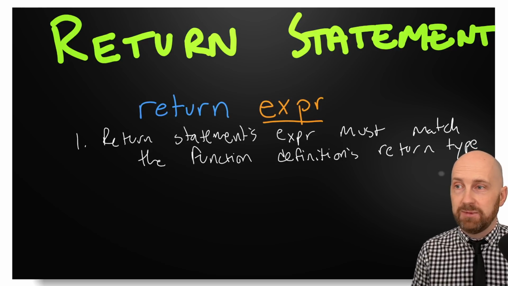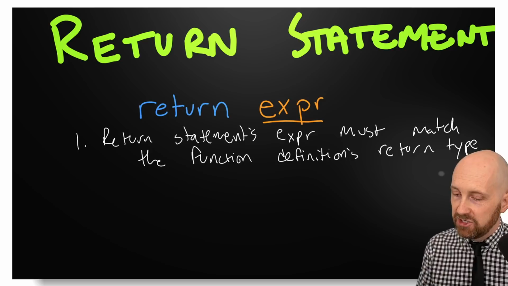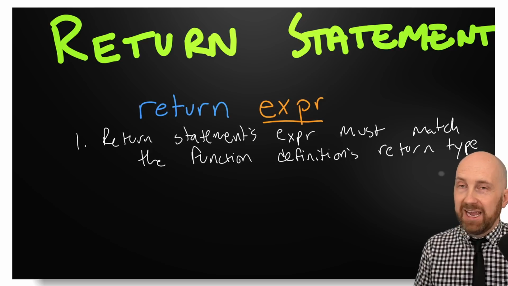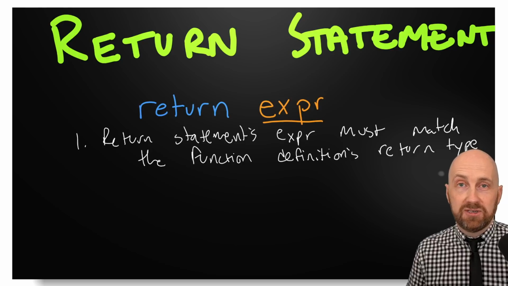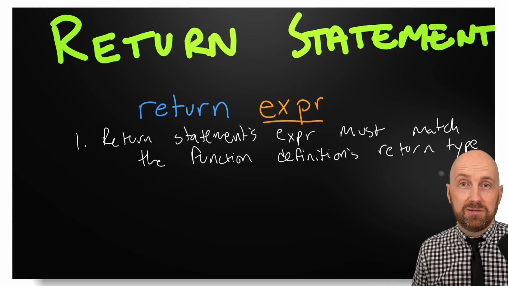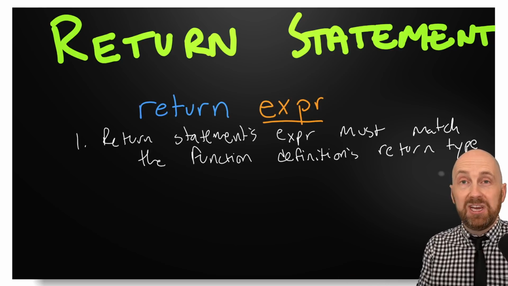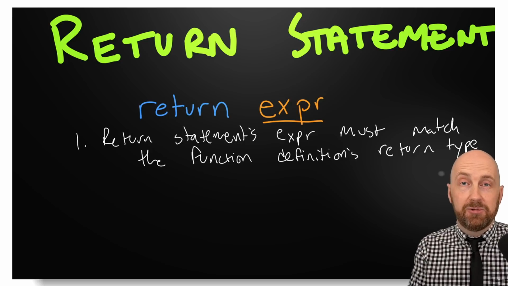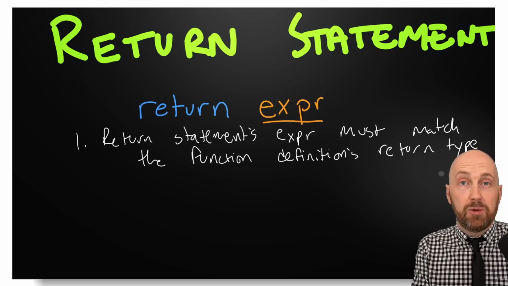All right, so the return statement's expression must match the function definition's return type. Right? If we have a function that declares a return type, such as int or string, our function body must reach a return statement that will return a value.